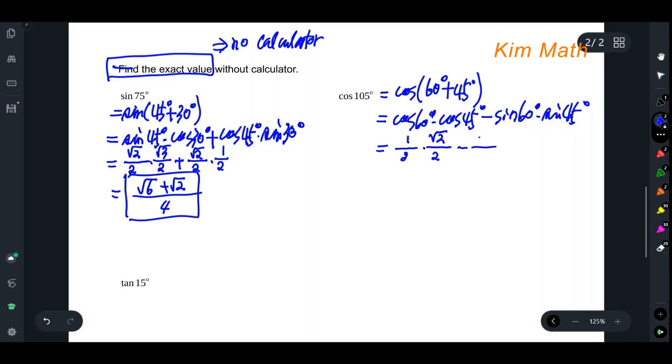Sine 60 equals radical 3 over 2. Sine 45 is again radical 2 over 2. So you have radical 2 minus radical 6 over 4. Okay.